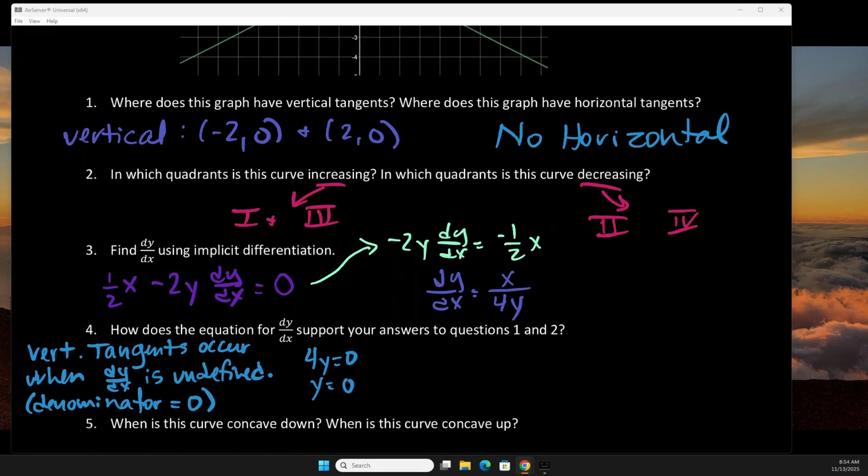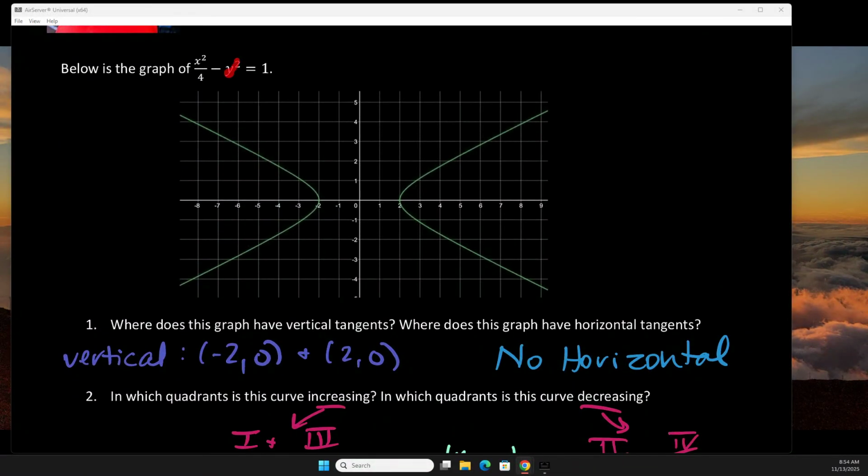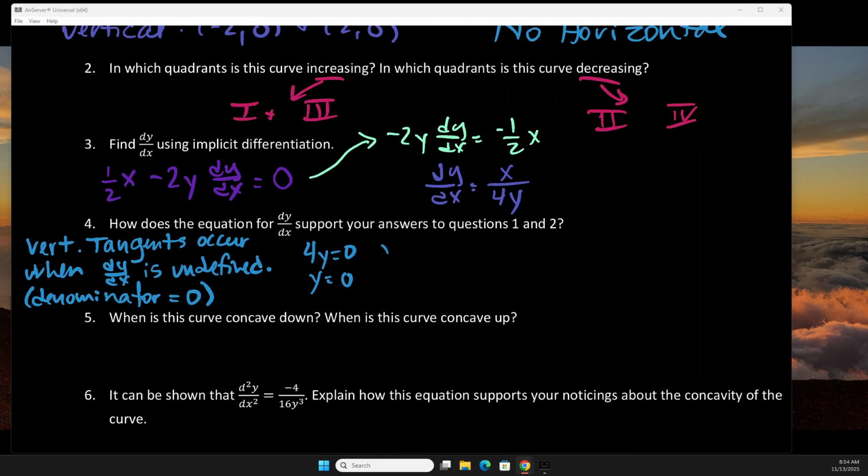I'm going to make this y 0, so we get x squared over 4 equals 1. And then we solve that by multiplying by 4 and taking the positive and negative square root. So that's why you have those ordered pairs of (2, 0) and (-2, 0) for your vertical tangents.